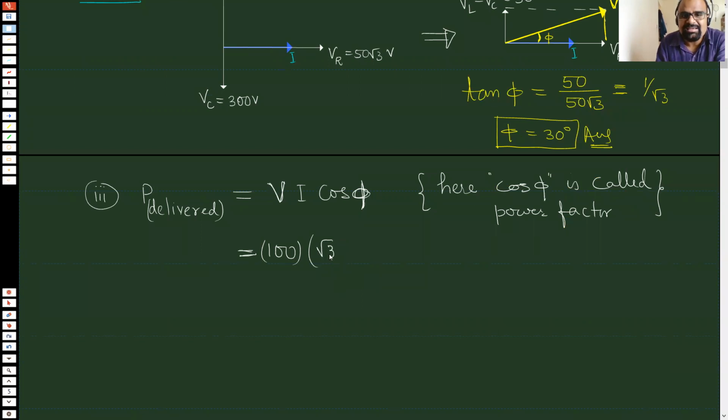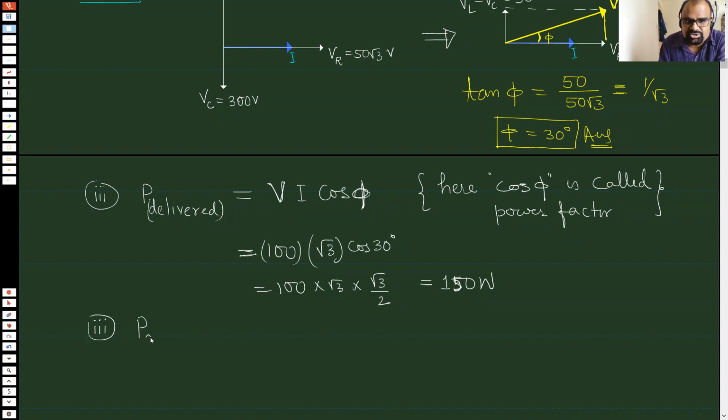Well, we know phi is 30 degrees, so cos 30 degree. So that's 100 into root 3 into root 3 by 2, because cos 30 degrees is root 3 by 2. So it's 150 watt. Is that what you all got or not? Yes, sir. So that's the power delivered by the AC source.